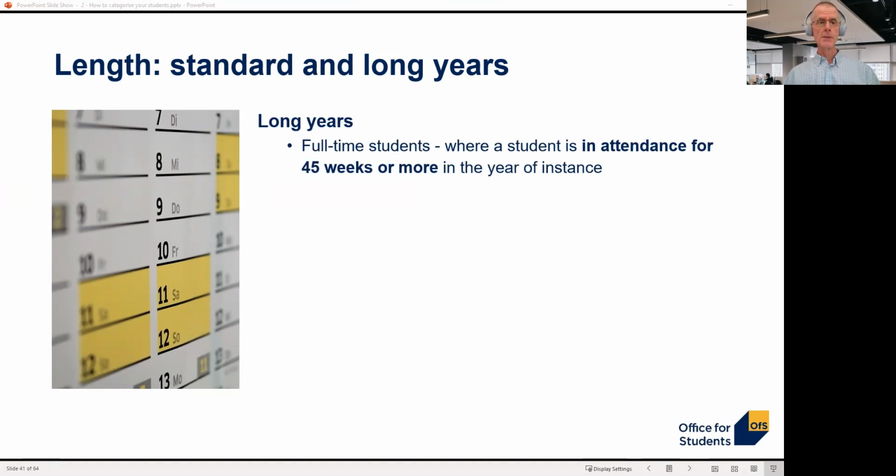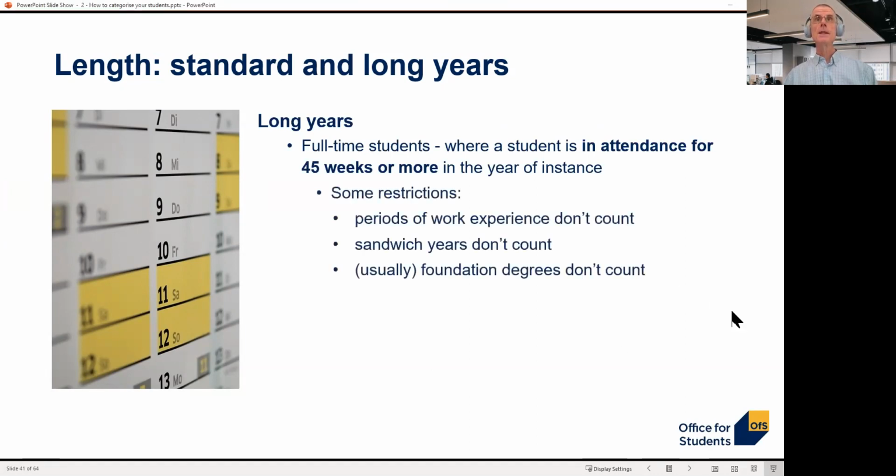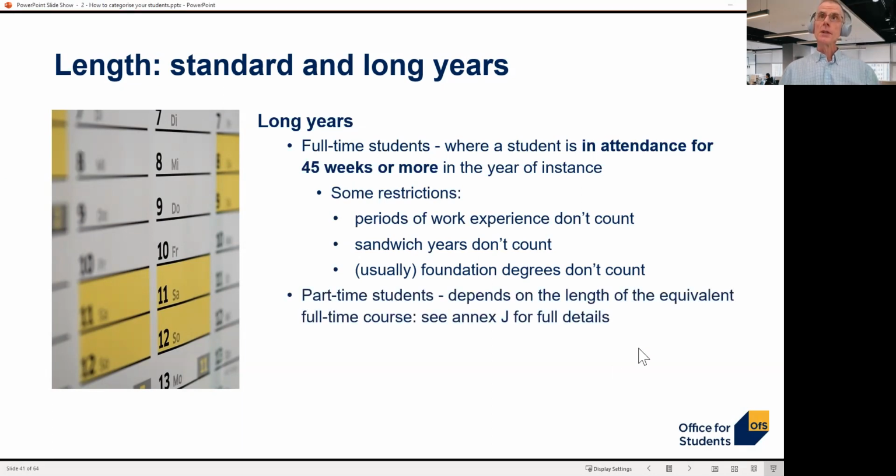Full-time is one thing here, where a student is in attendance for 45 weeks or more in the year of instance. There are some restrictions here though. Periods of work experience don't count in this case, and sandwich years out don't count, and usually foundation years don't count either. The other possibility is part-time, and this depends on the length of the equivalent full-time course.